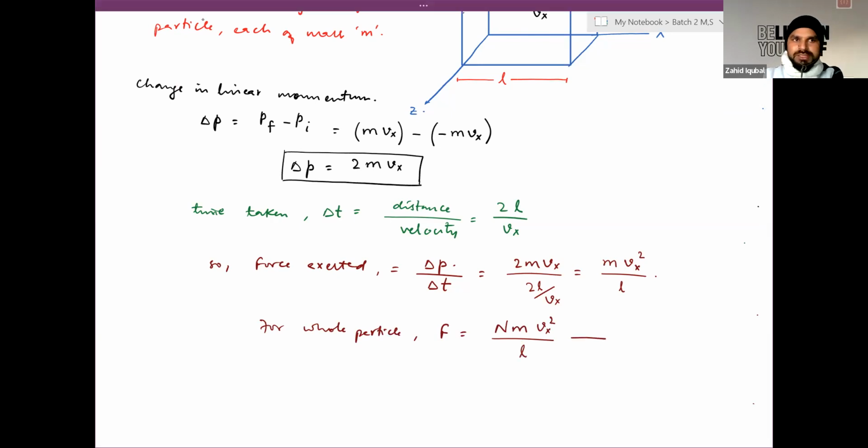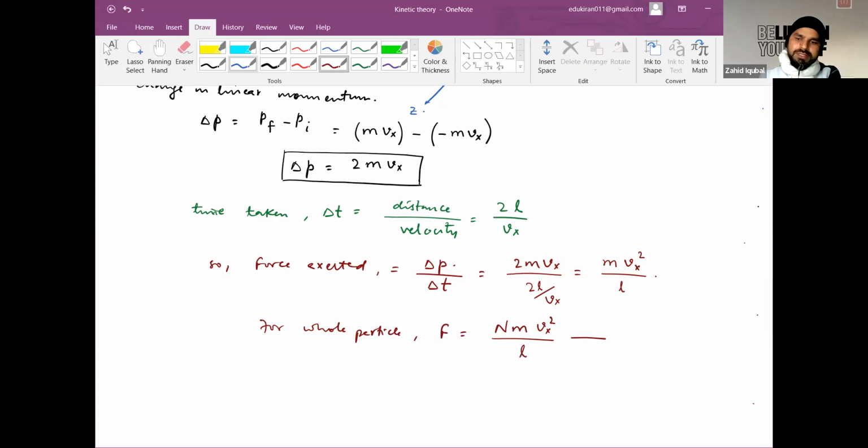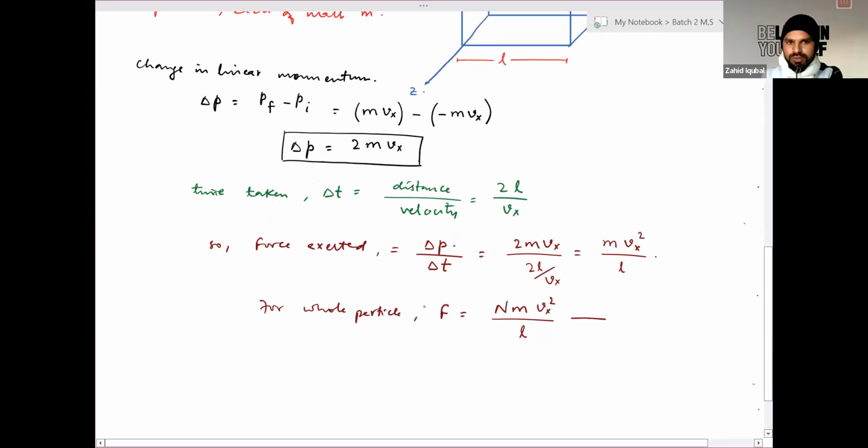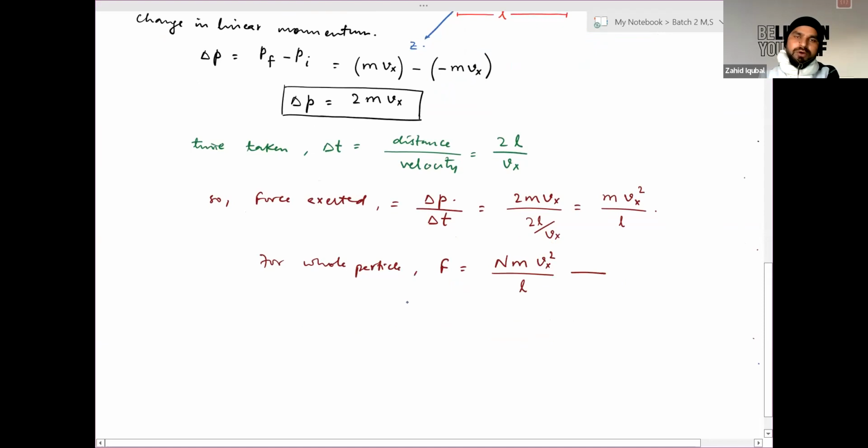Now, pressure is force exerted per unit area. All these particles are hitting the wall of the container, which is square in shape. So pressure will be force exerted over area of impact. Force we have n number of particles each having mass small m, velocity Vx squared divided by length, and area of wall will be L squared.